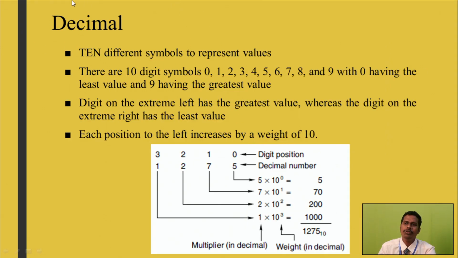Next we are going to see the decimal number system, which contains, as we have already seen, 10 different number symbols, 0 to 9. The same LSD and MSD format is similar to the binary we have already discussed.